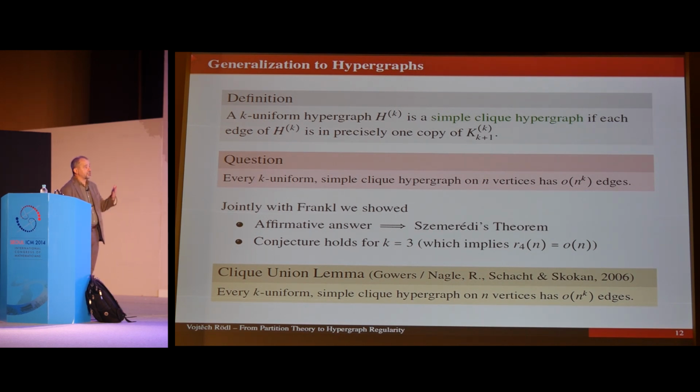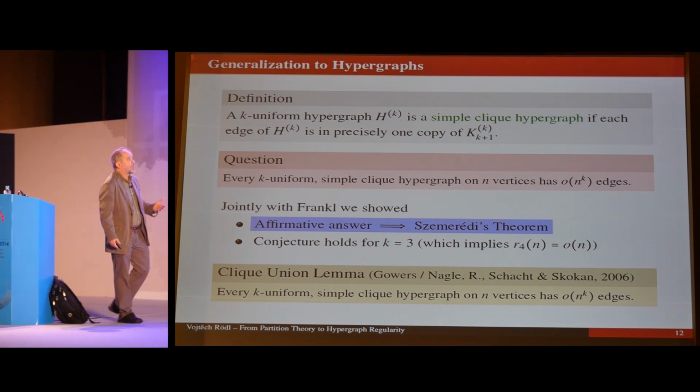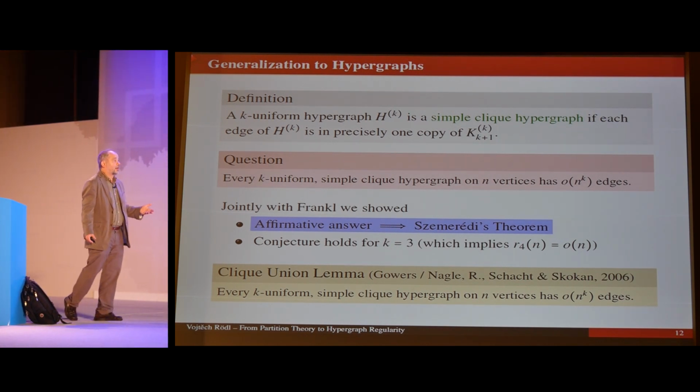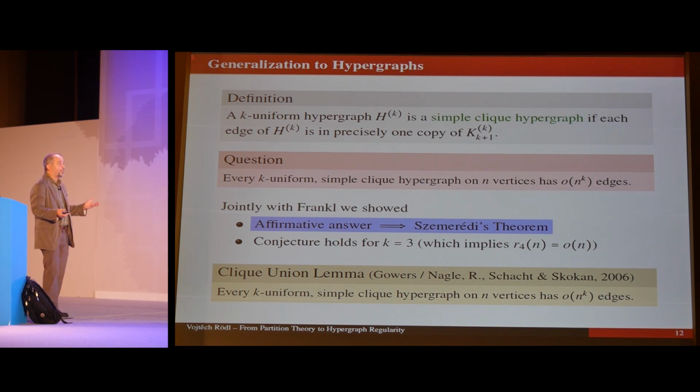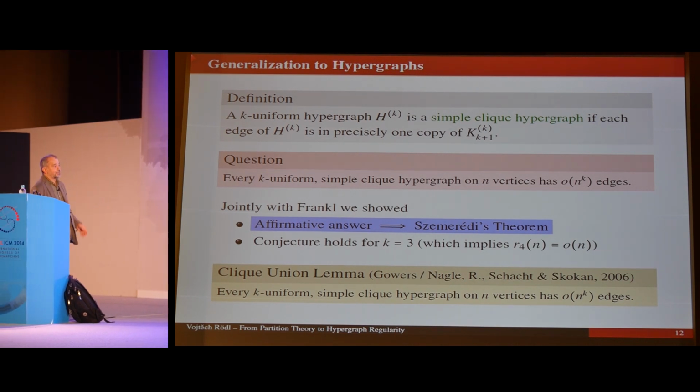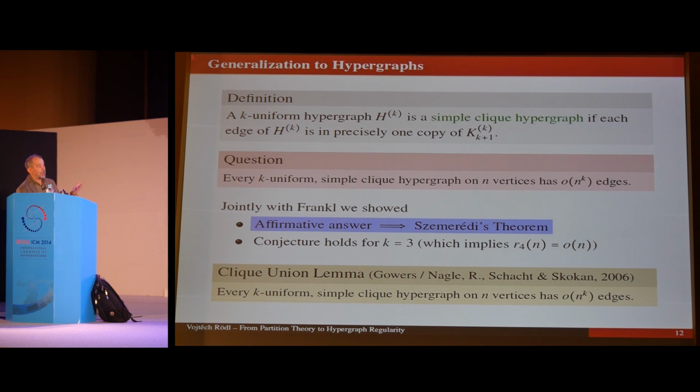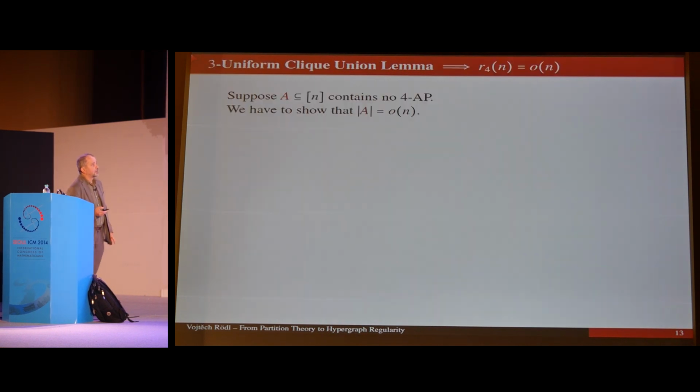So we have such a special object, and it doesn't have many edges. That's the message. So on the next slide, I will show a relation of these simple clique hypergraphs with the arithmetic progressions. So how they are connected.